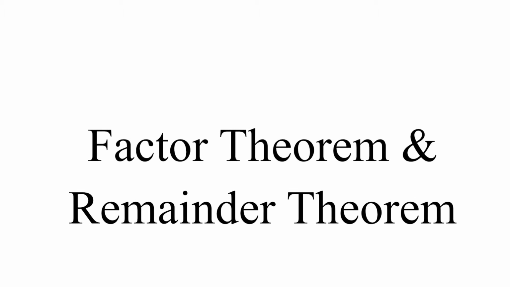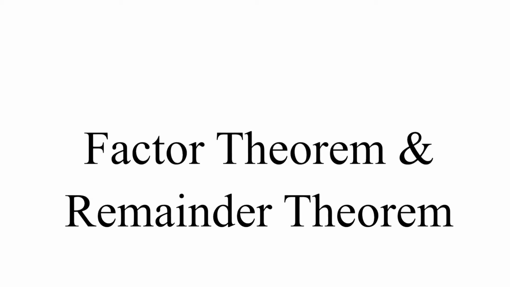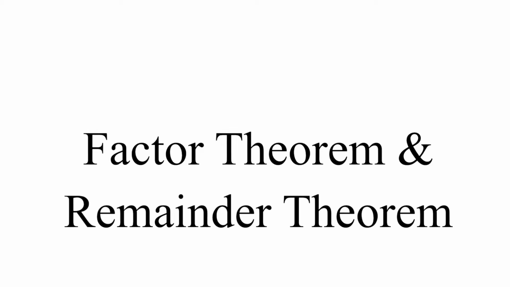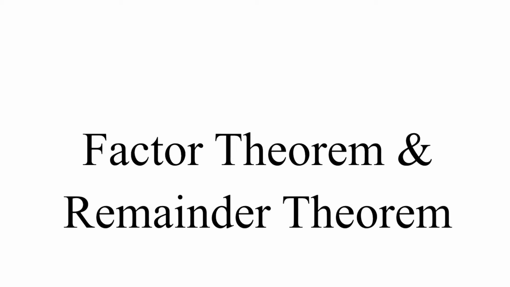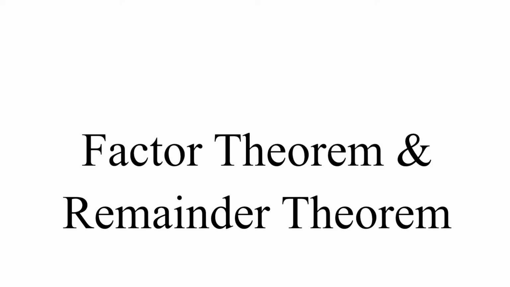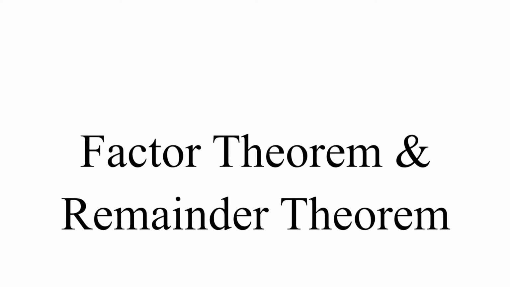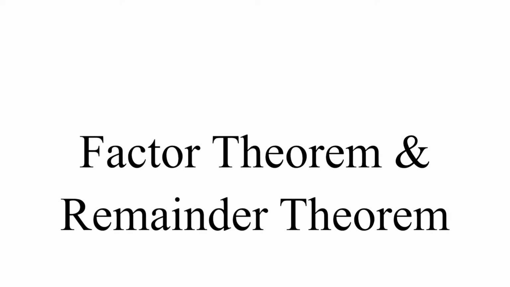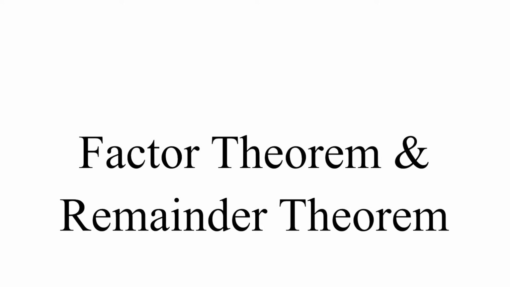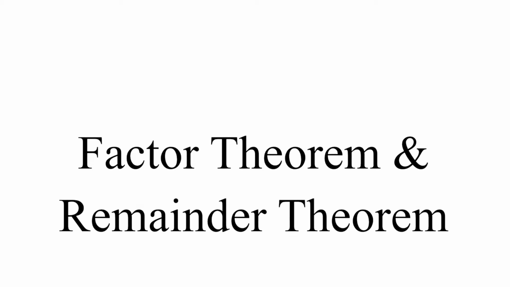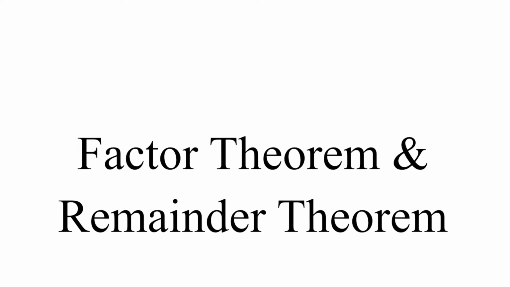This doesn't factor nicely, but we could use the quadratic formula to find the remaining two zeros. x equals negative 6 plus or minus the square root of 6 squared minus 4 multiplied by 1 multiplied by 7, divided by 2 multiplied by 1, equals negative 3 plus or minus the square root of 2. The horizontal intercepts will be at (2, 0), (negative 3 minus square root of 2, 0), and (negative 3 plus square root of 2, 0).